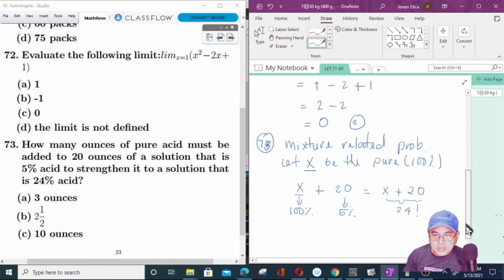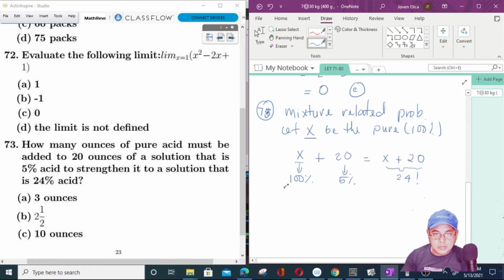The next step is multiply vertically. Just multiply this one to the given solution.